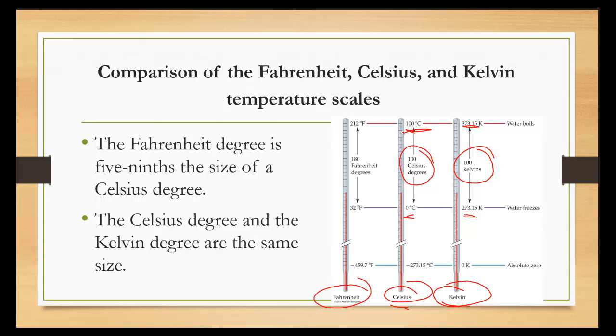However, there is a difference with Fahrenheit. The Fahrenheit degree is 5/9 the size of the Celsius degree. In other words, there's 180 degrees difference between when water freezes and when water boils. So you're going to notice a temperature change faster with Fahrenheit.